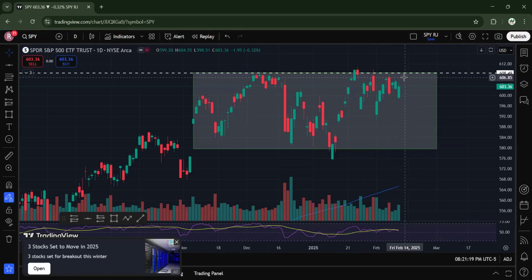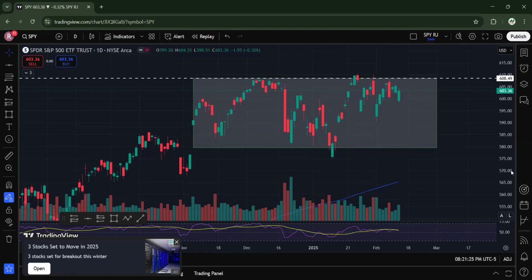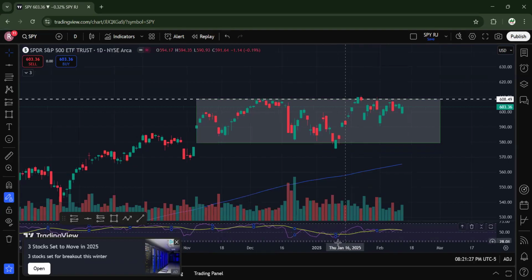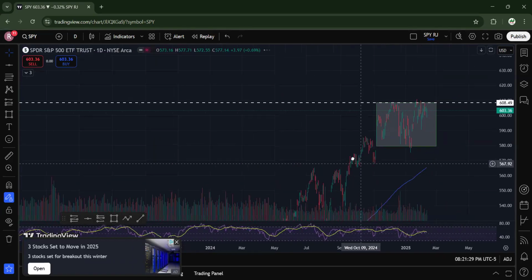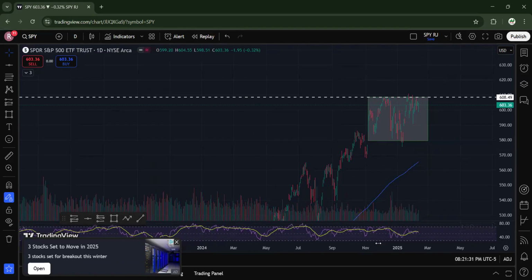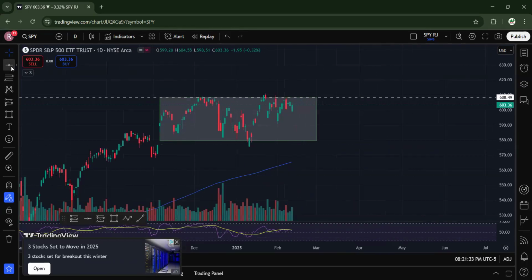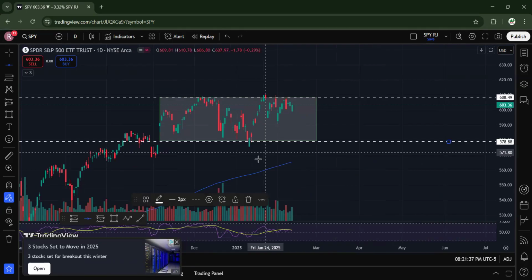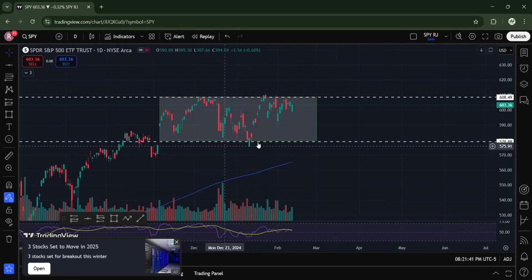Now we have to ask, what about the downside? At what point can we really say we're going down? We can't really say that until we start breaking 578. We will need to break this 578 level.